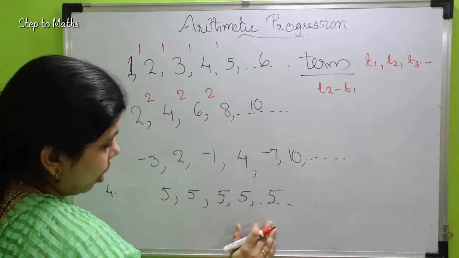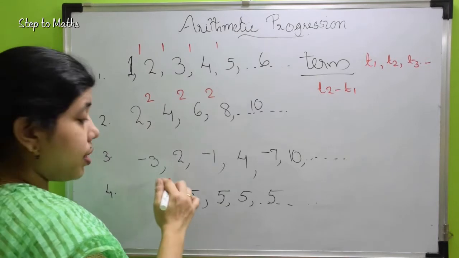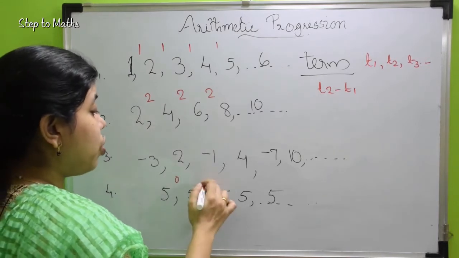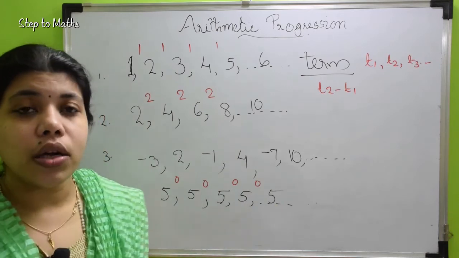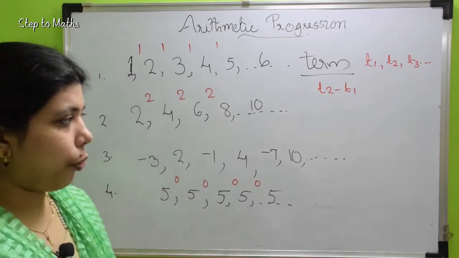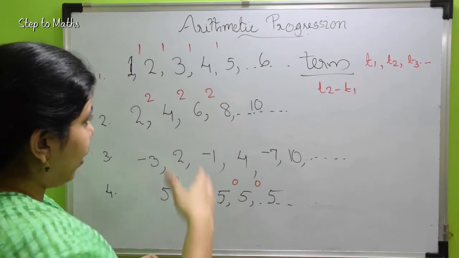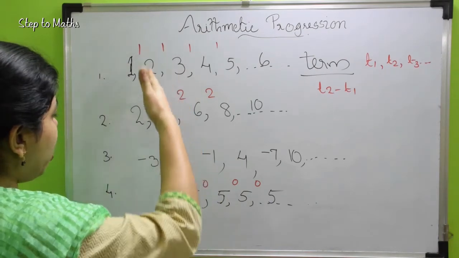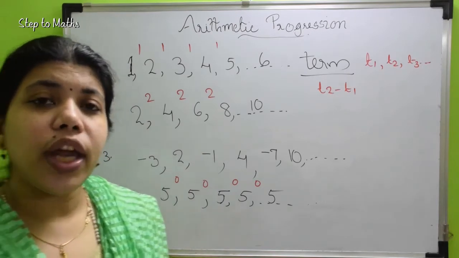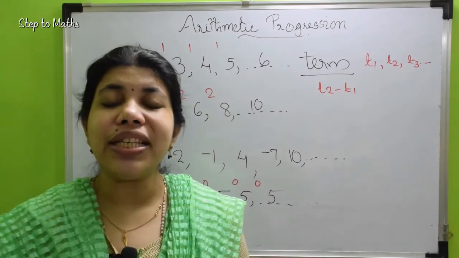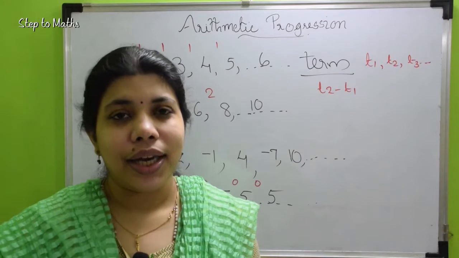Consider the fourth sequence 5, 5, 5, 5. 5 minus 5 is 0, 5 minus 5 is 0. Here the difference between consecutive terms is 0. In sequences 1, 2 and 4, the difference between two consecutive terms is constant.